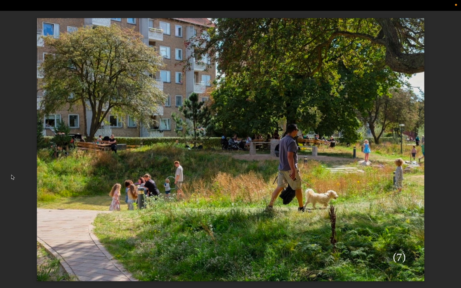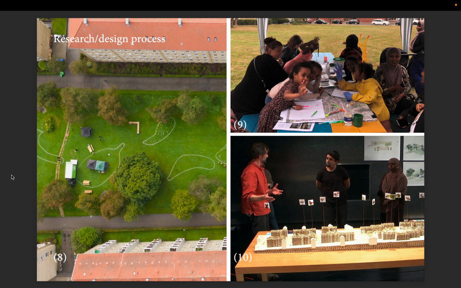So next I would like to discuss the research and design process and how SLA displayed that on their website. They describe this project as being Copenhagen's most radical nature-based climate adaptation project, which is quite a big title, but it was really well perceived as well.